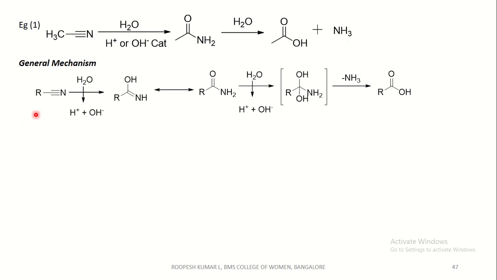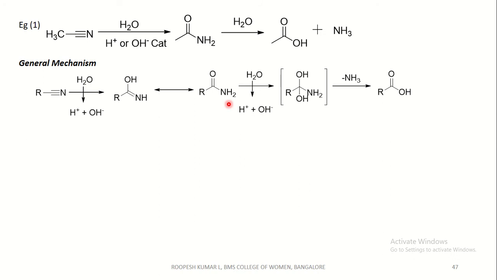Coming to the general mechanism, this nitrile reacts with water; the OH in water splits as H plus and OH minus. This OH minus attacks this carbon, and this double bond takes a proton to form this imine. This on isomerization, a tautomerization, gives the corresponding amide.